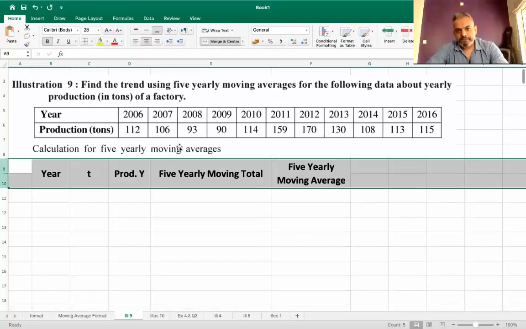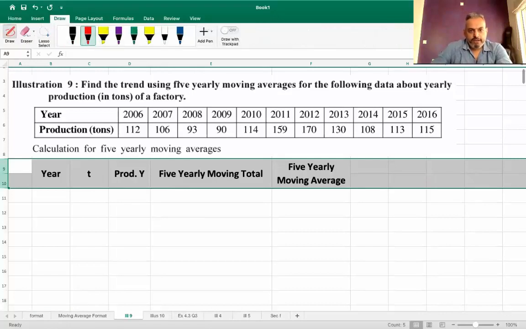Now over here, illustration 9: find the trend using 5 yearly moving averages. So 5 yearly, for odd years, odd days, say 3 days moving average, 5 days moving average.